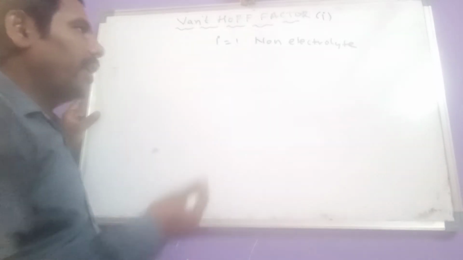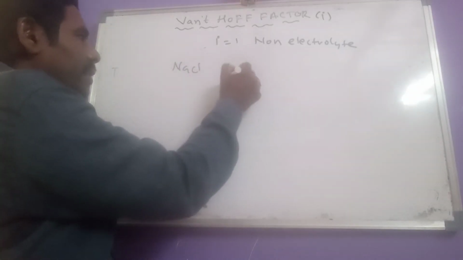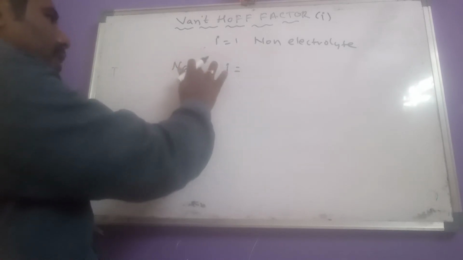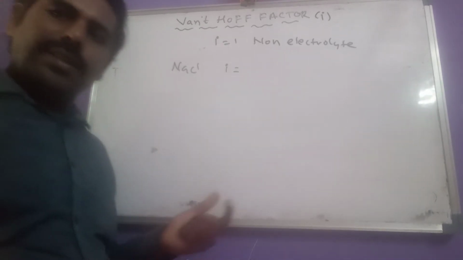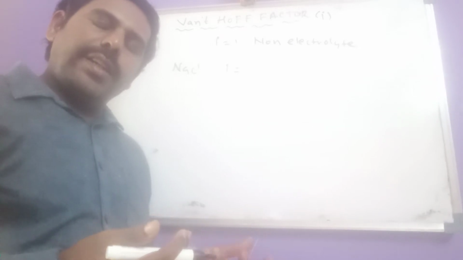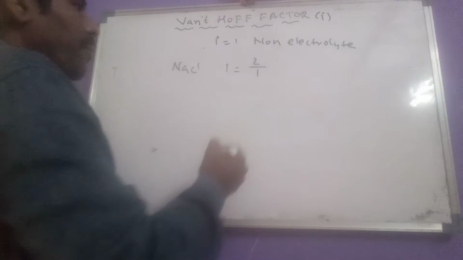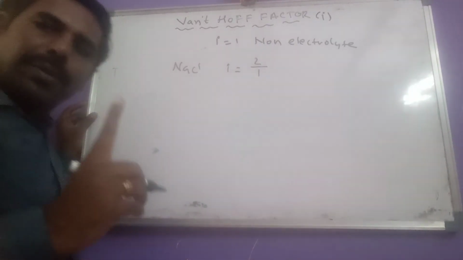Okay, now let us see the electrolytes. NaCl, when dissolved in polar solvents like water, splits into two ions, Na plus and Cl minus. So after dissociation, two particles; before dissociation, one particle.